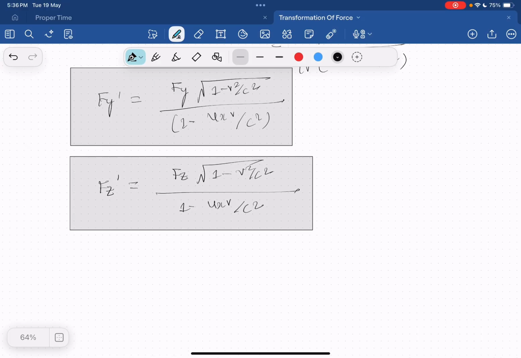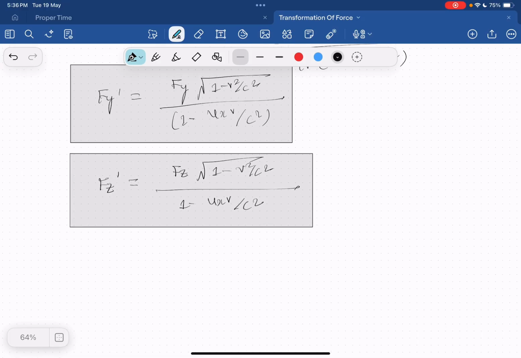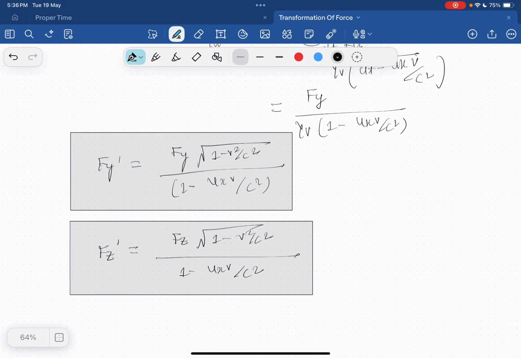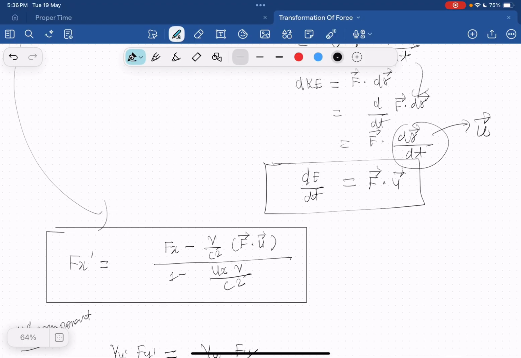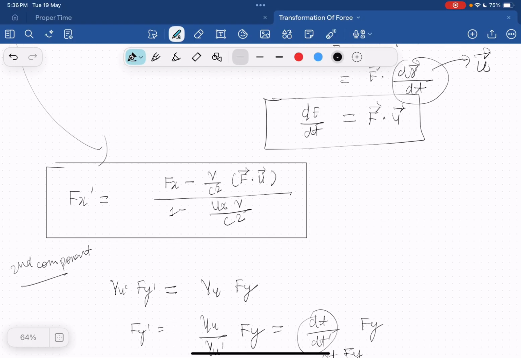This is what we get. So these are the three transformation relations for the forces that we get.